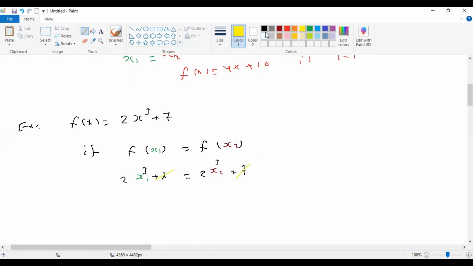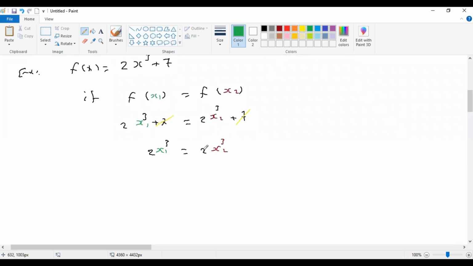Now subtract 7. Okay, then we have 2x1 cubed equal to 2x2 cubed. Okay, divide by 2. So now we have x1 cubed equal to x2 cubed.